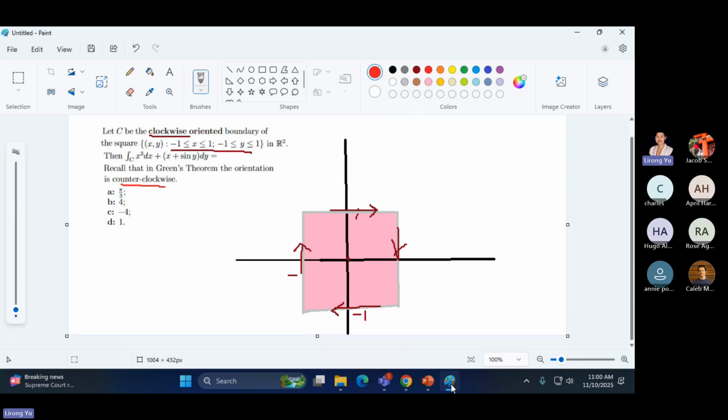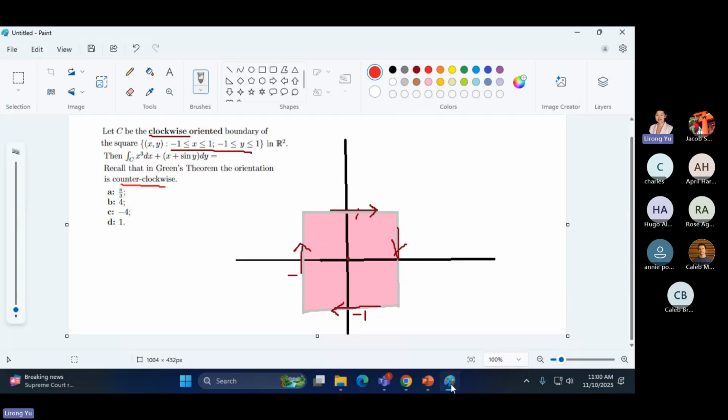And this one is nice in that the integration region will be a square. C represents the boundary of the square, but if you convert it to a double integral using Green's theorem, it will be an integration on the square. So it's a square integration region. It shouldn't be too hard to calculate.